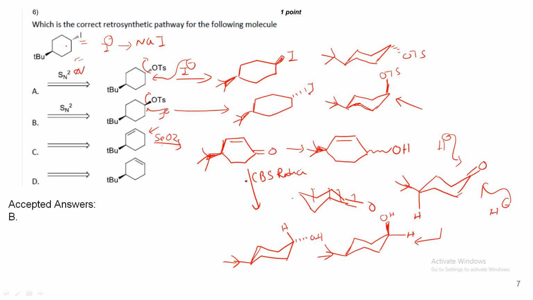And for this kind of case, with CBS, generally people got high enantioselectivity, and S-CBS and R-CBS both are commercially available, and if we use one of them, one of the CBS would give you your required stereochemistry.